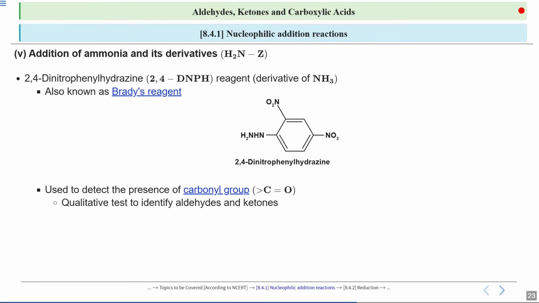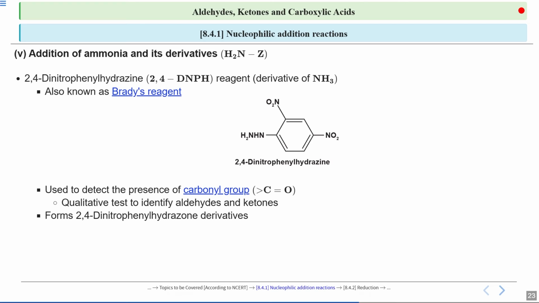Now this reagent is used in a qualitative test to identify aldehydes and ketones. This means it helps us determine whether these compounds are present without measuring their exact amounts. When 2,4-DNPH reacts with aldehydes and ketones, it forms 2,4-dinitrophenylhydrazone derivatives.